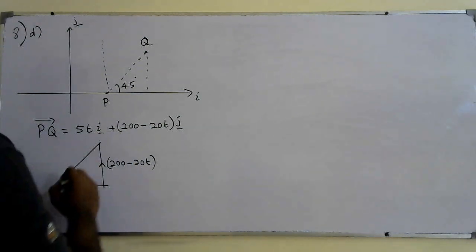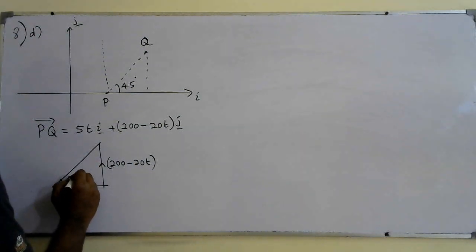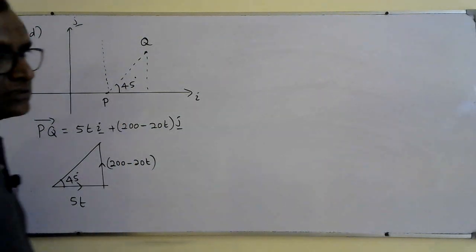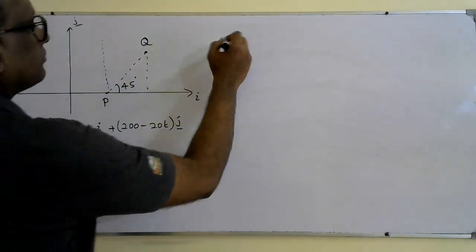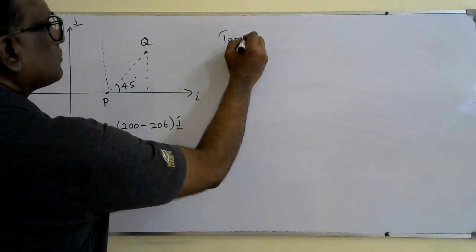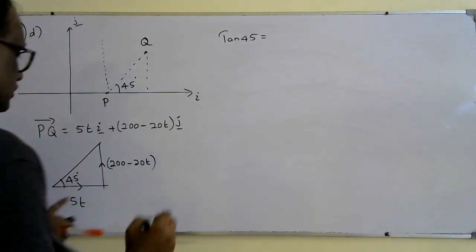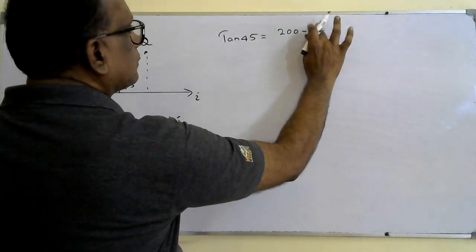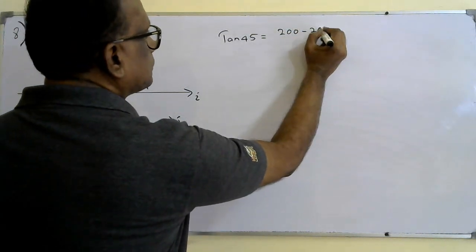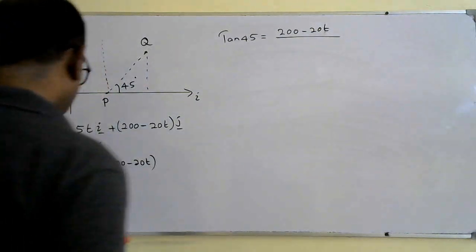This angle must be 45 degrees because northeast. So tan 45 is equal to (200 minus 20t) over 5t.